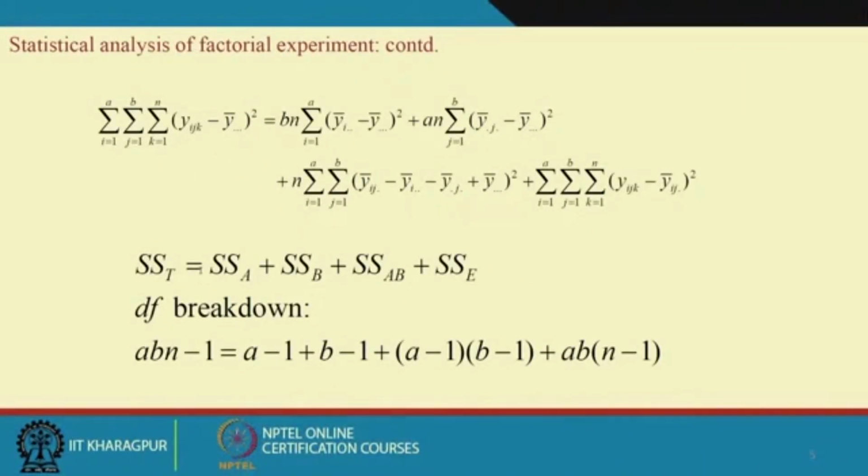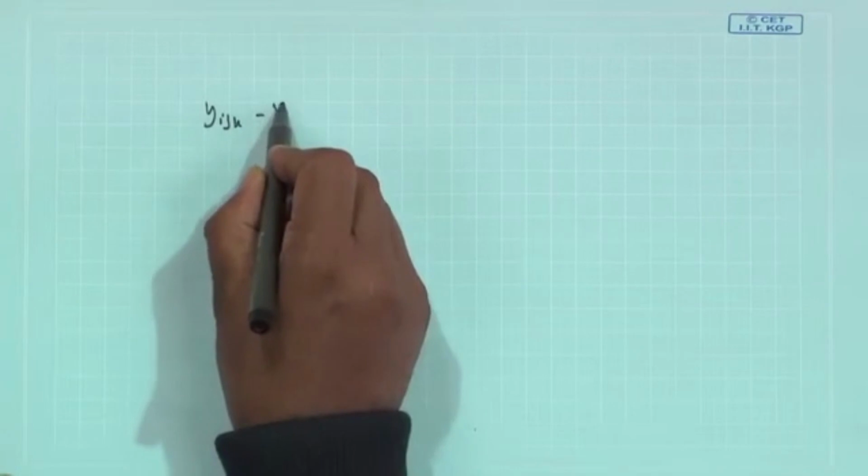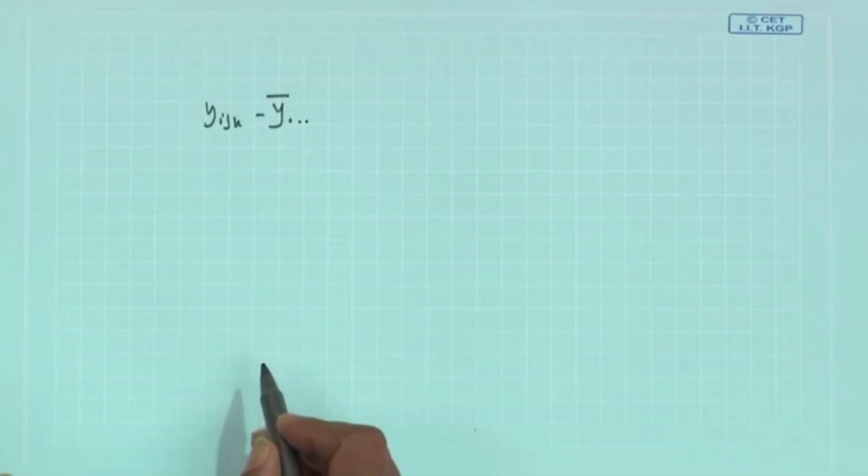So, now I will show you the partitioning of the variability. Observation y_ijk can be subtracted by its mean component.